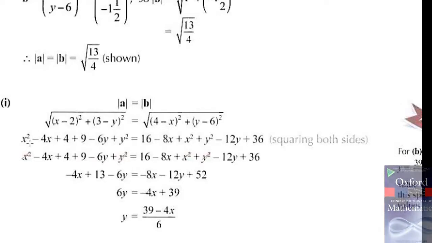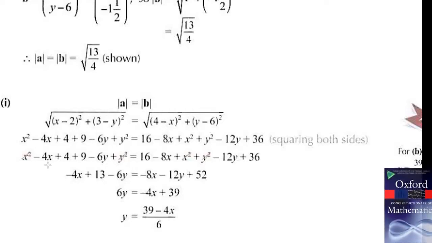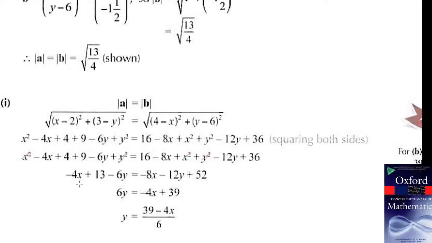So x squared, plus 4, and minus 4x. In this way, after simplification, we get minus 4x plus 13 minus 6y equals minus 8x minus 12y plus 52.